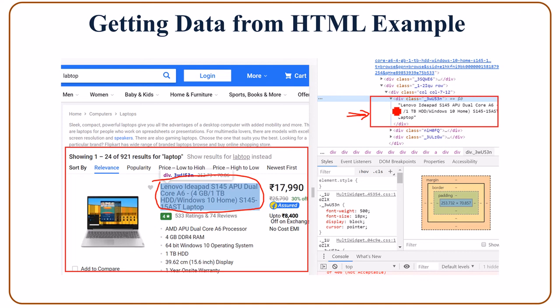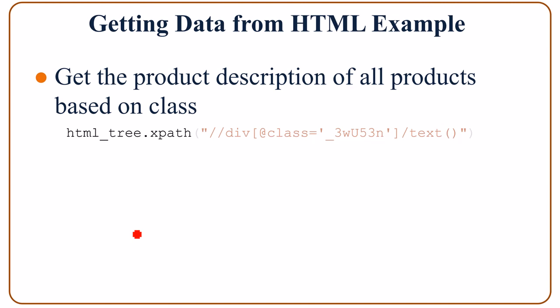So I'd like to use XPath to query all the div tags that have this same class attribute and value. Then in my XPath, I would write the name of the tag, which is div, and within the square brackets, I write the name of the attribute, which is class, and equals, and the value of the class that I'd like to query.